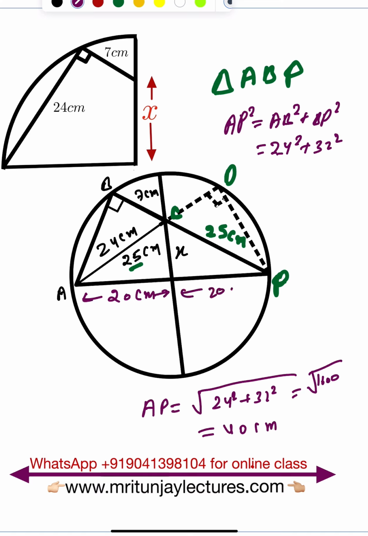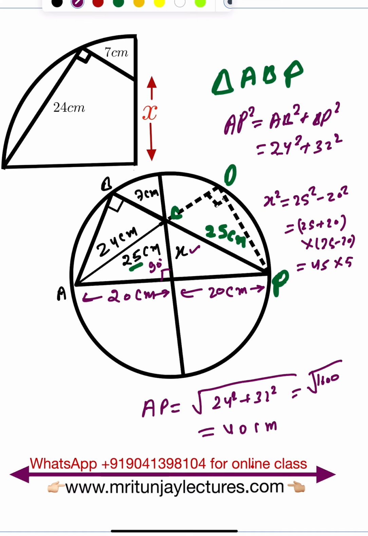I hope you understand. Now, our target: what about x? So simply again apply the Pythagoras theorem, because this one is a 90 degree. So x square is equal to 25 square minus 20 square. So (25 plus 20) into (25 minus 20) is how much? 45 into 5.